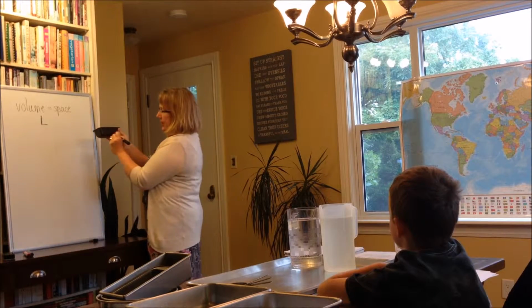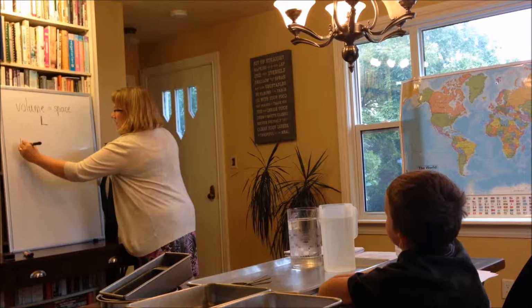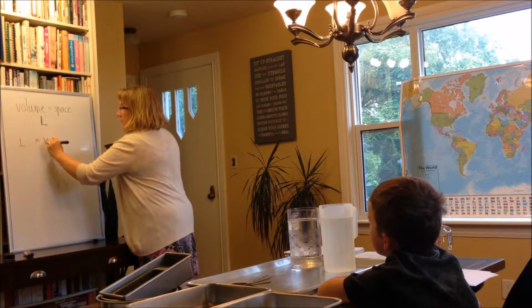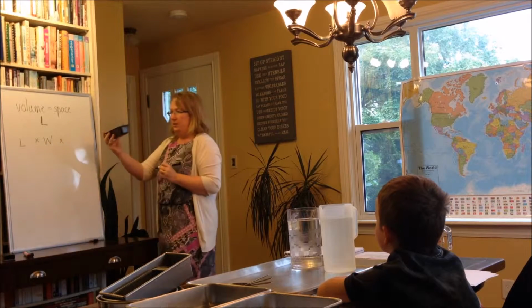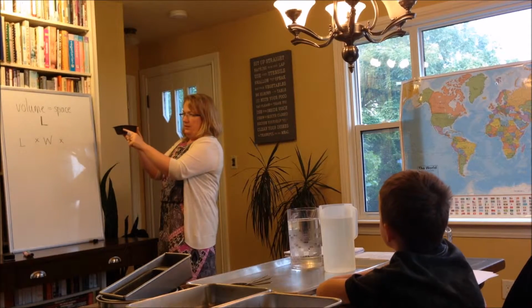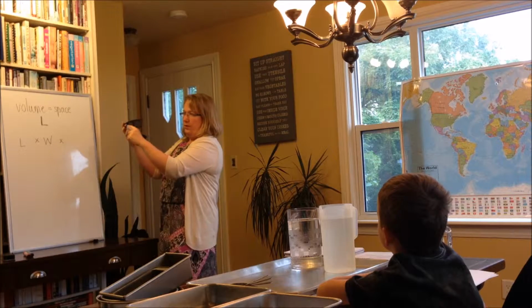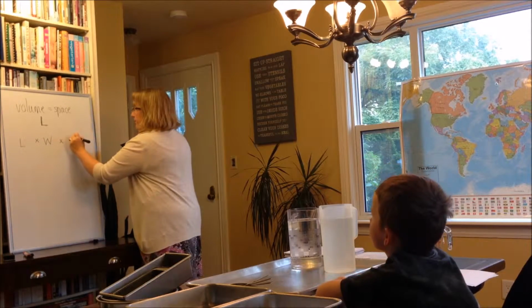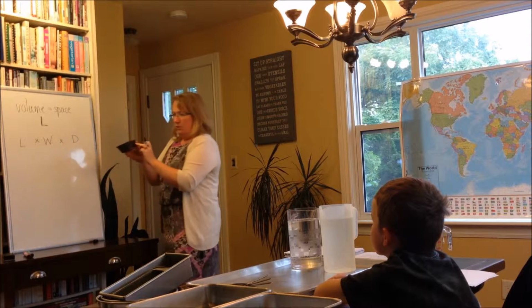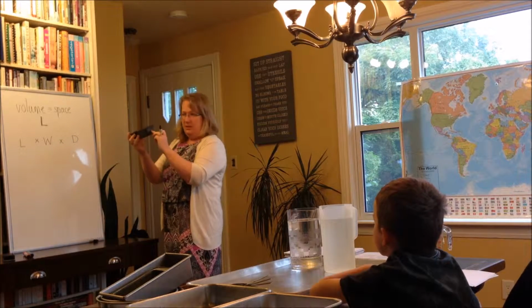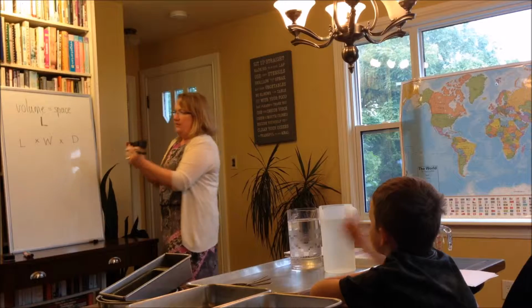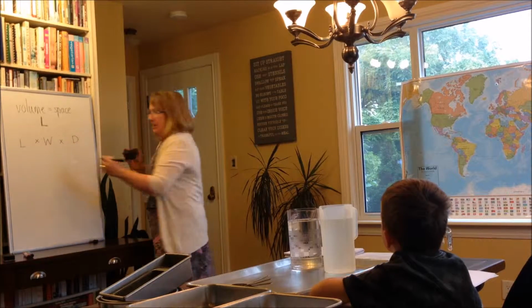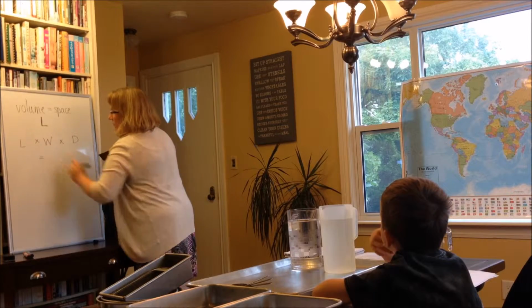Okay, so there's the length times width, times what do you think the last one is? So we know this, and if we know this, what else do we need to know? Depth. That's right. Okay, so if you take a measurement of this, a measurement of this, and a measurement of this, and you multiply them all together, you get the formula that will give you the volume.